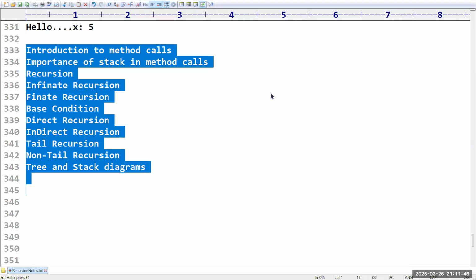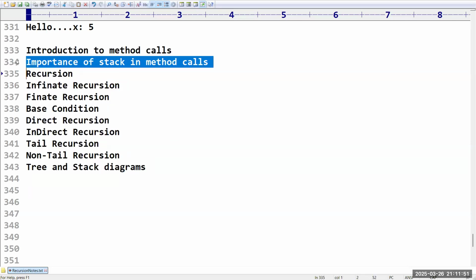Internally, it uses one data structure. What is that data structure? Stack. What is the importance of that stack? Whenever we call some other method and that method in turn calls another method, how the control flow happens inside a stack, I explained very clearly.